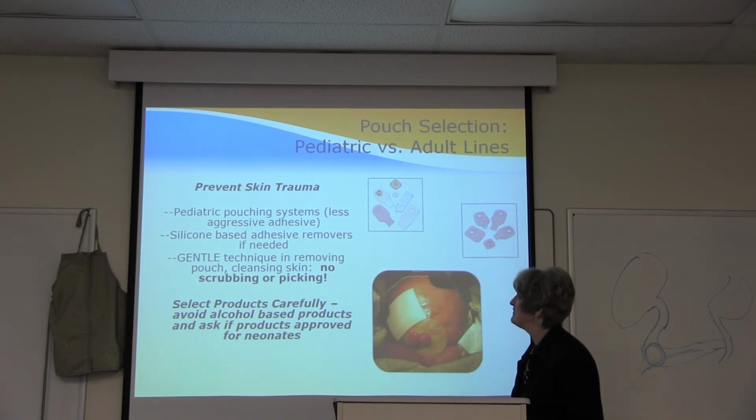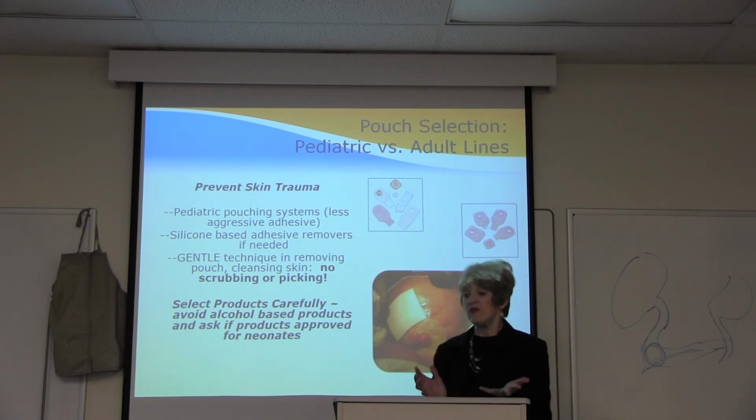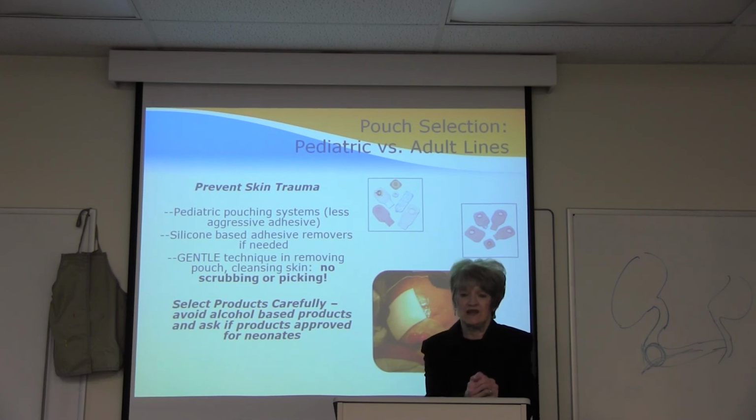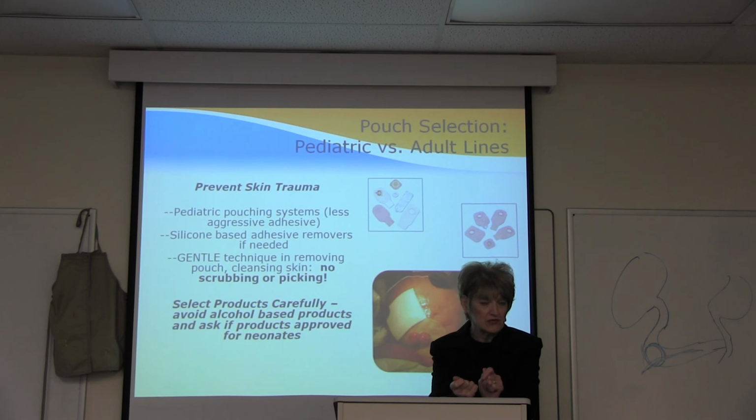So what can we do to prevent skin trauma? One thing that's helpful is the fact that pediatric pouching systems have less aggressive adhesive. So they're gentler to the skin. When you go to peel them off, you'll notice that they peel off more readily than adult pouching systems. That is done on purpose by the manufacturers to help protect infant skin.